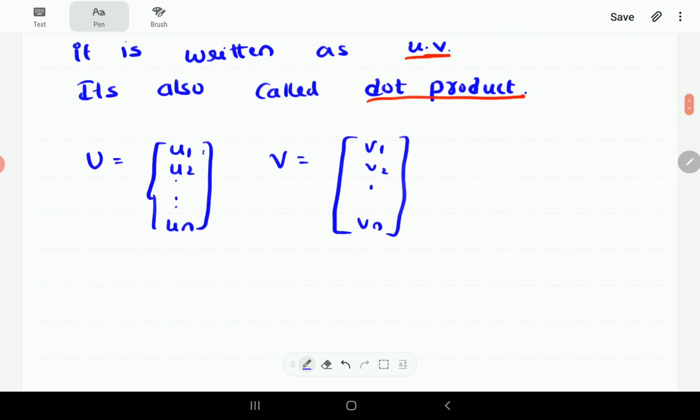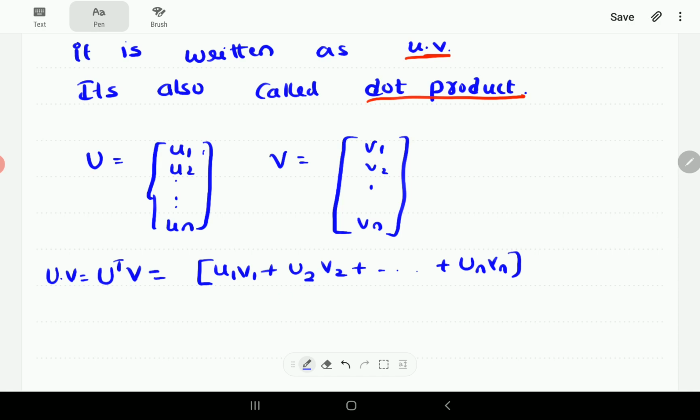Since it is in n dimensions, the inner product u transpose times v, usually denoted u dot v, is equal to u1 v1 plus u2 v2 and so on up to un vn. So this gives us the inner product of the vectors u and v which are in Rn.